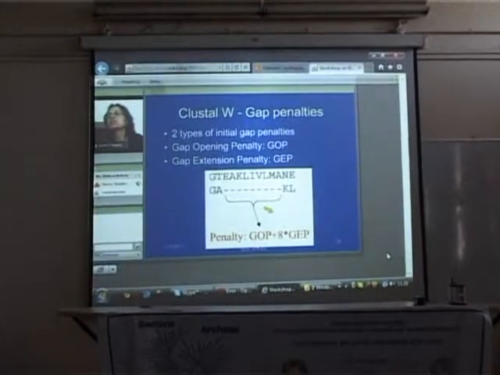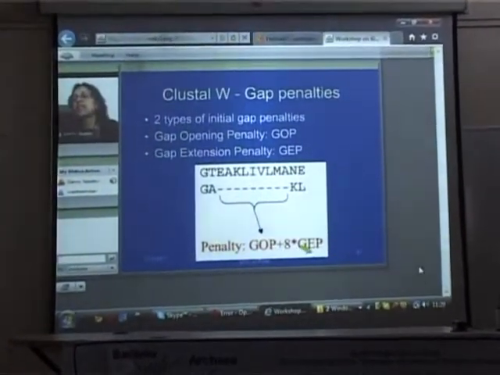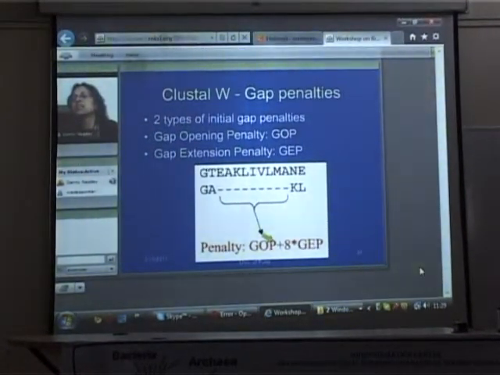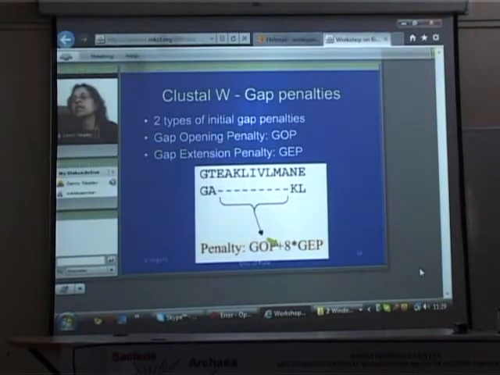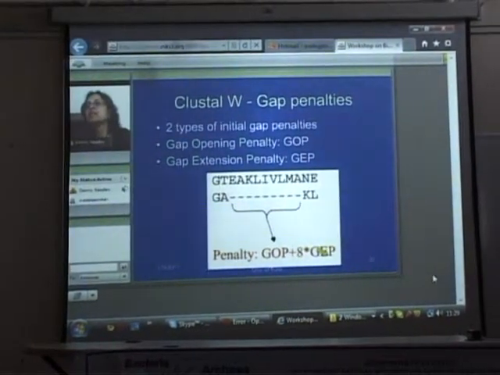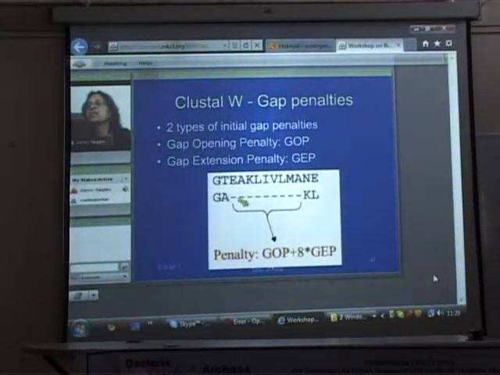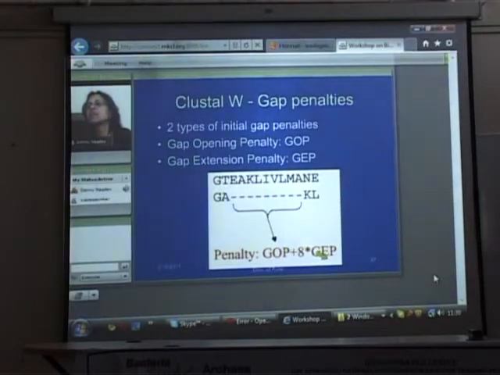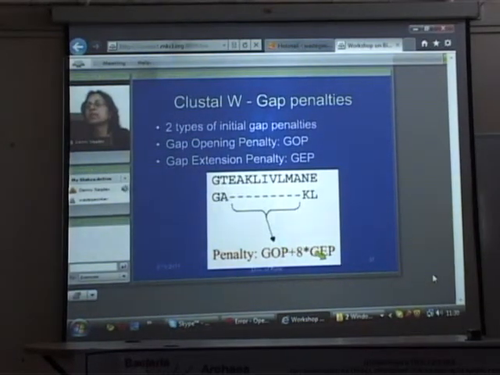So the penalty is calculated as GOP, the gap opening penalty, plus the length of the gap multiplied by the gap extension penalty. In this case the length of the gap is 8, so GOP plus 8 times the gap extension penalty will be the total penalty score.